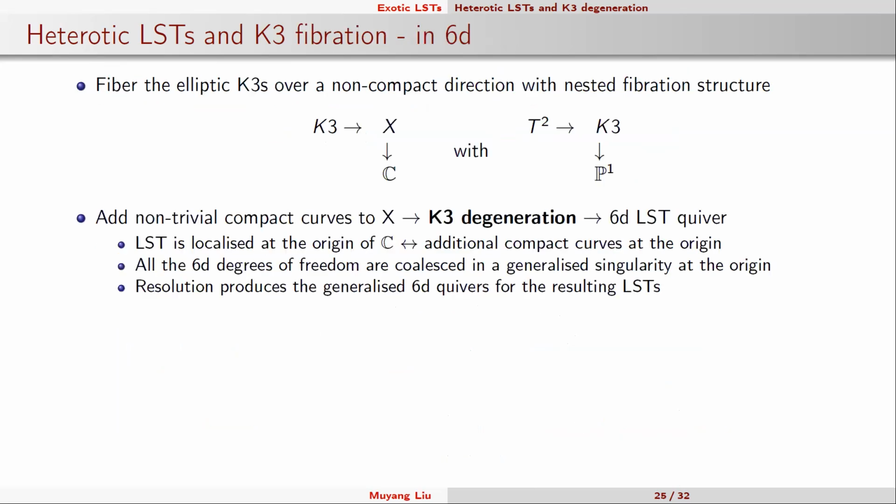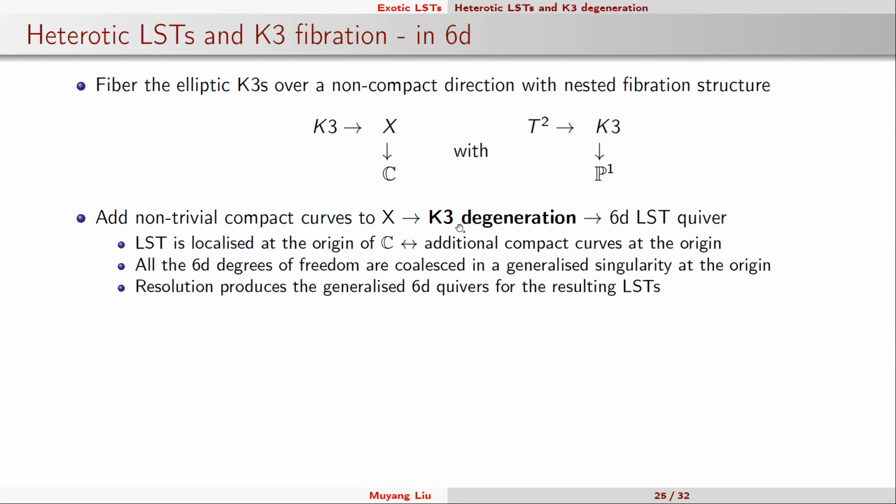Then we move to the 6D. This is just fibering the elliptic K3s over non-compact directions, such that the overall Calabi-Yau threefold has the nested fibration structures. And now, to introduce more interesting non-trivial dynamics to the Calabi-Yau threefold, we just add a non-trivial compact curve to the base of the Calabi-Yau threefold.